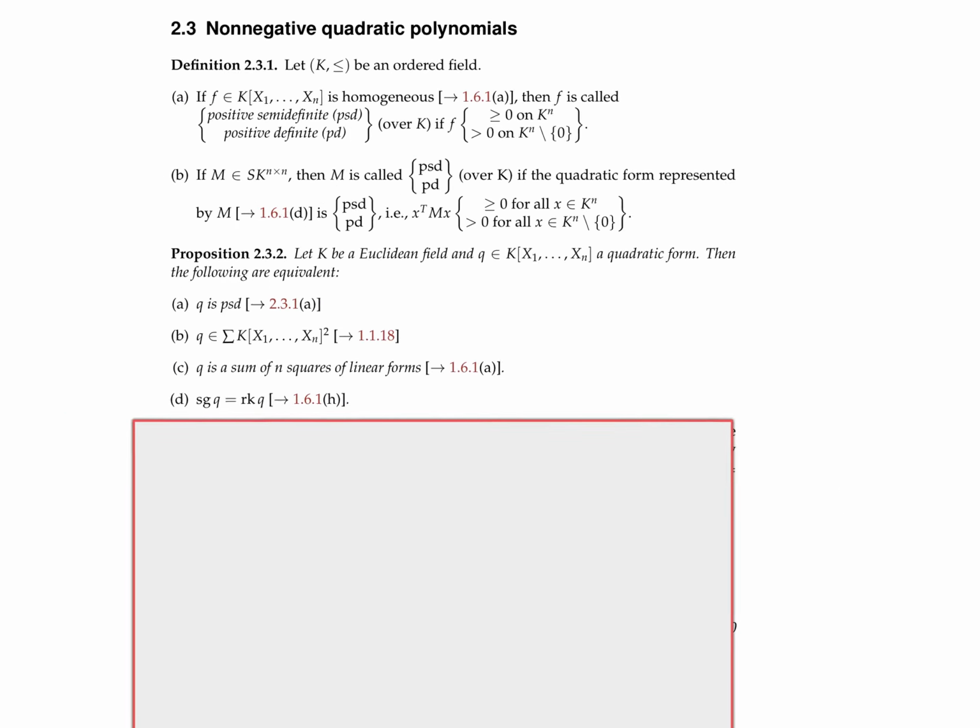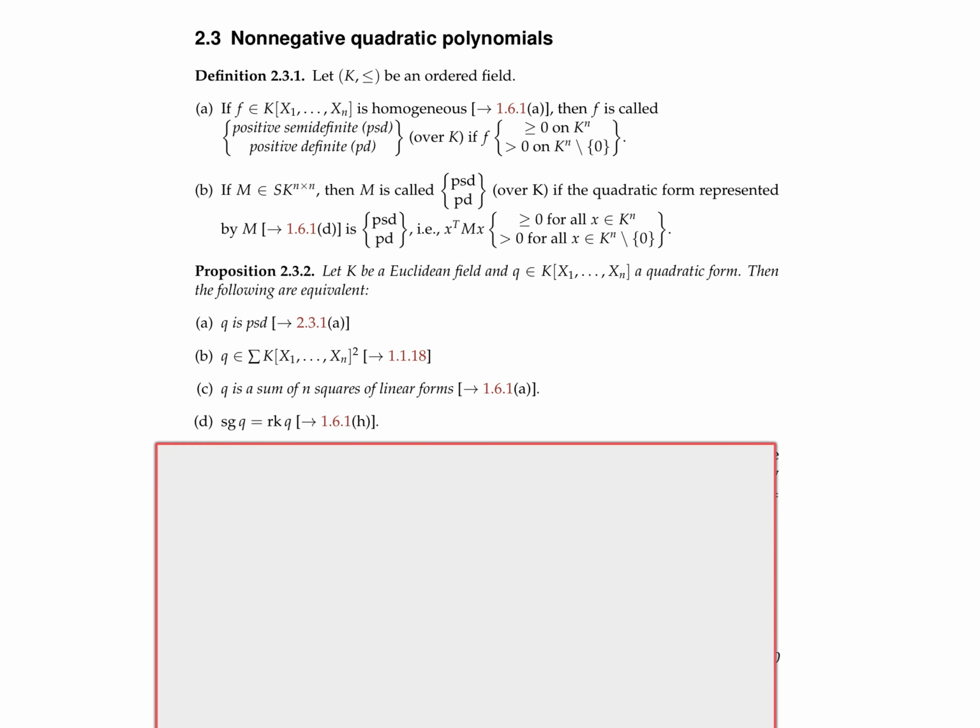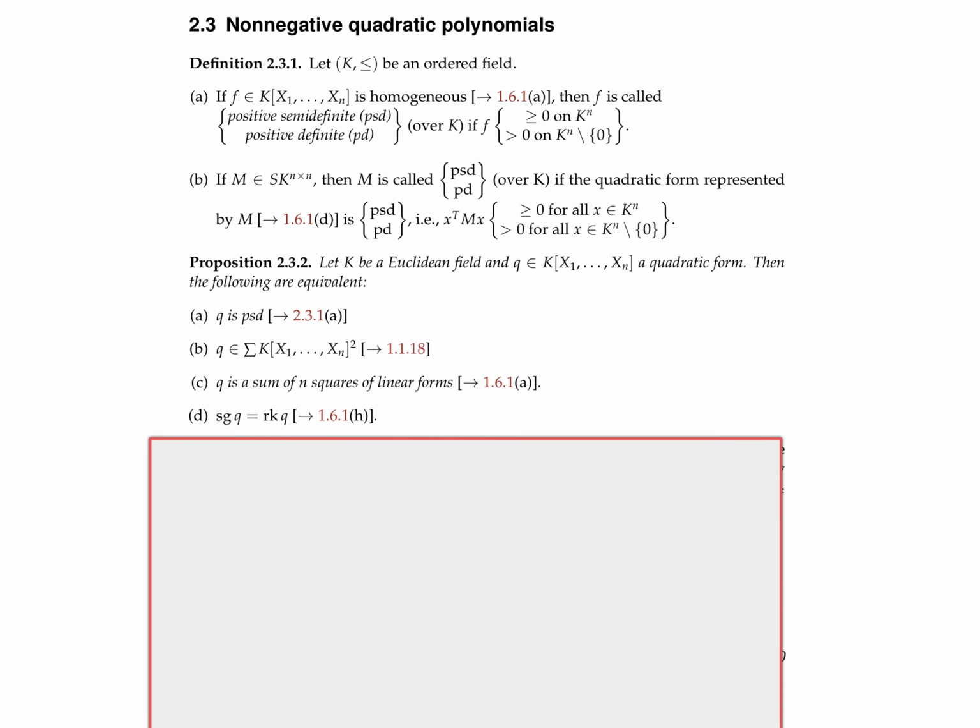So that was a reminder. Now here we say that the signature of Q equals the rank of Q. That means there are no negative squares in this difference of sums of squares. There are just positive squares, right? Okay, so let's prove it.